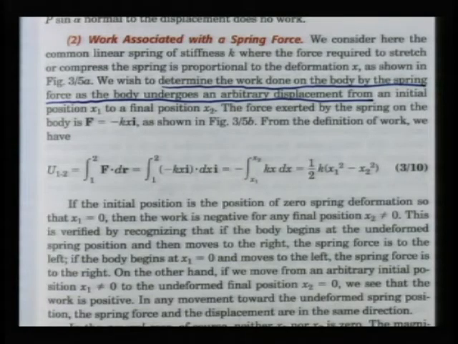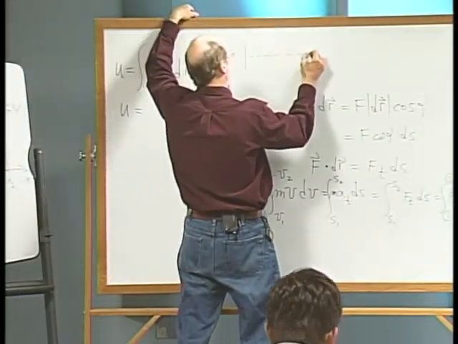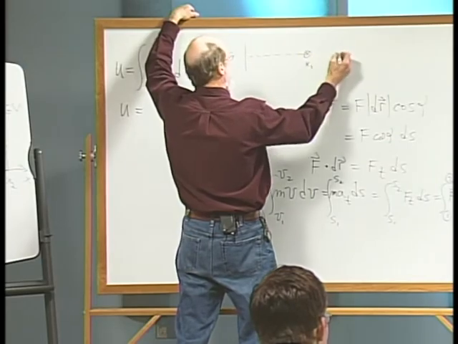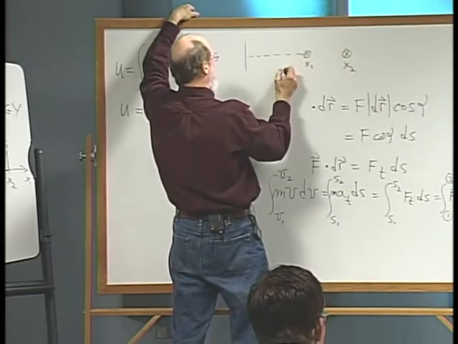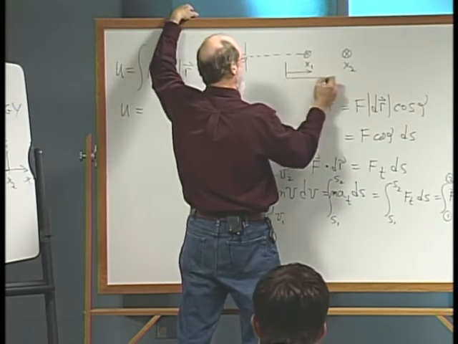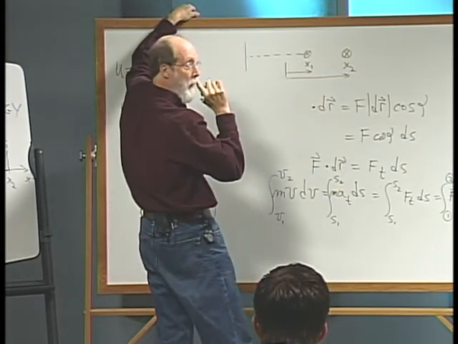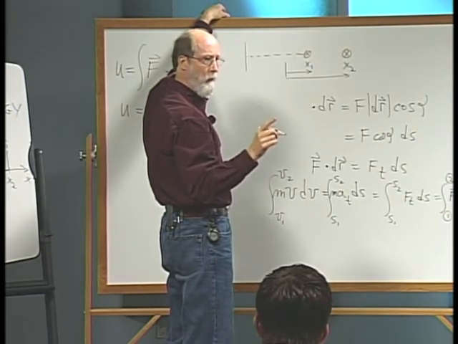The work done on the body by the spring force as it undergoes the displacement from x1 to x2. So, if we have our x1 position here and x2 position out here, and the original length was measured from here, so here's x1, and here's x2, and the wording there again, the work done by the spring.